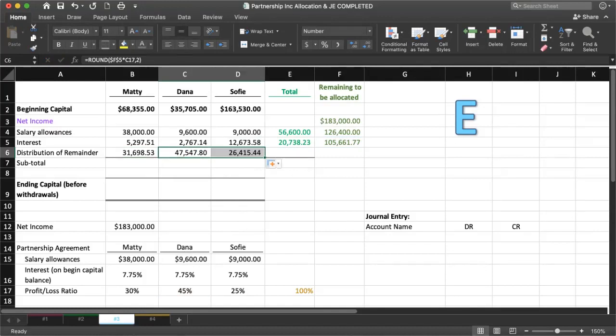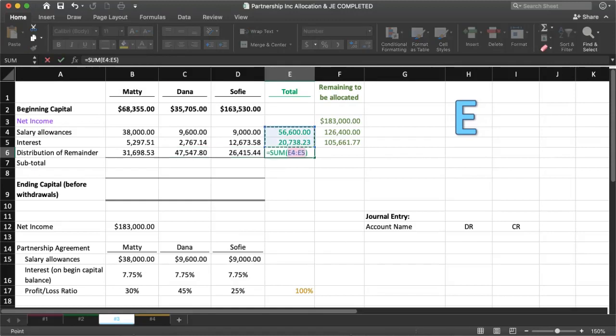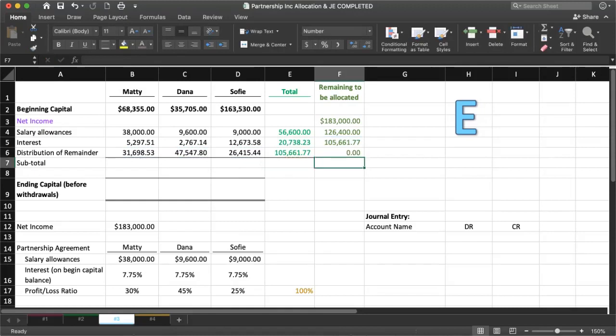Now I'm just going to drag and drop it over so that Sophie gets 26,415. And now I want to just sum up those. And when I take the remaining to be allocated minus the total allocated and the distribution of the remainder, then this is 0. And that's exactly what I want. Or that's what anybody wants.